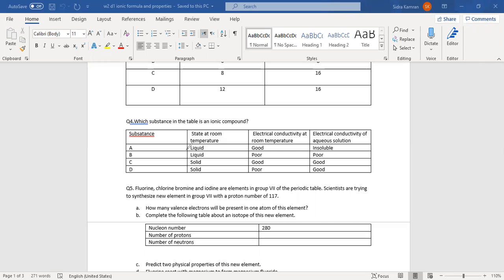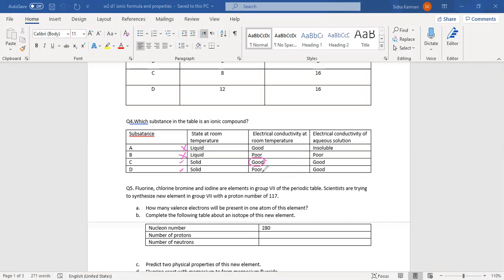So the first is not correct, B is not correct, C or D could be correct. So see the second thing, electrical conductivity at room temperature, is it good or bad? Their electrical conductivity is not good at room temperature. So this will not be the correct one.